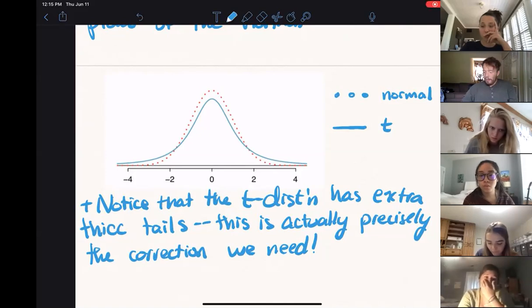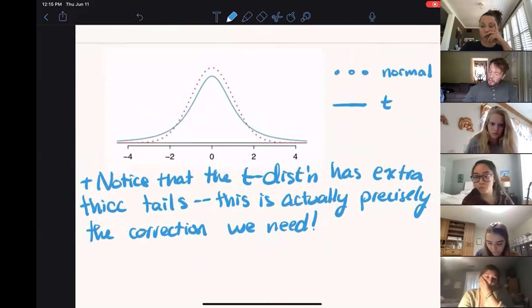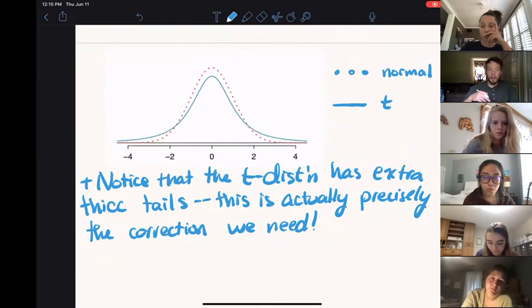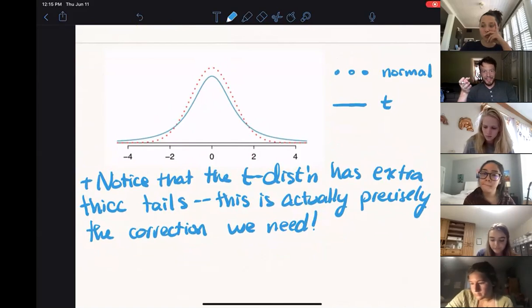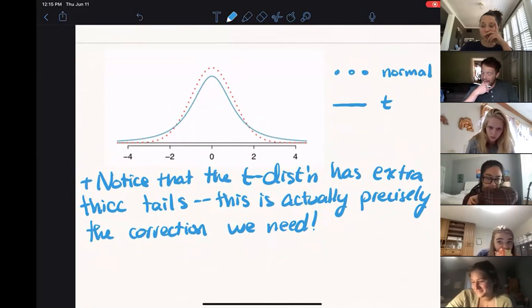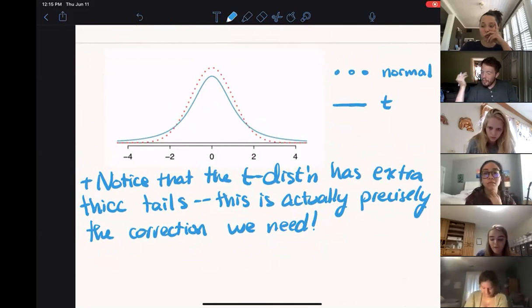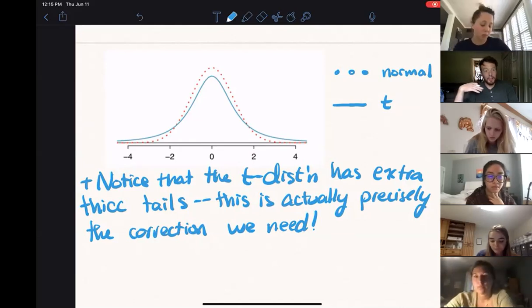Fun fact, actually, the t distribution, you might also hear it called the student's t distribution or the student's distribution. And the reason is that when it was first developed, it was developed by a researcher at Guinness, who was working for the beer, right? The Guinness Stout Company. And he was doing research that was allowing them to do marketing or whatever, and they didn't want him to publish under his name because then others would know how they're using this new math.